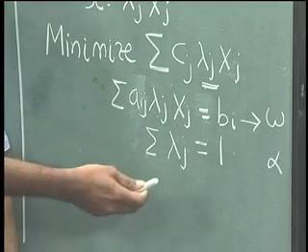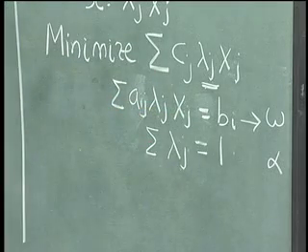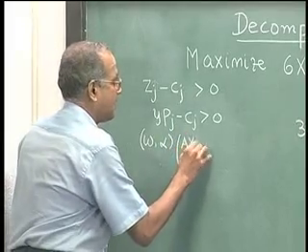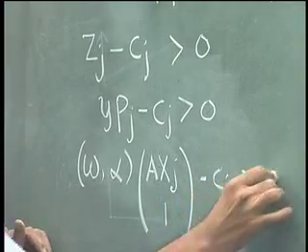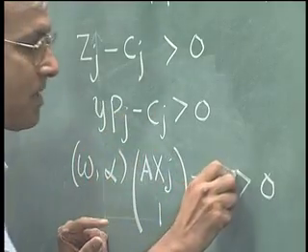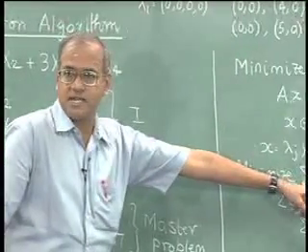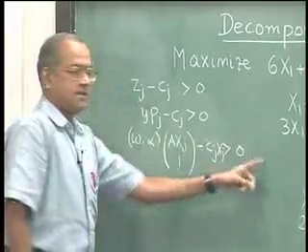So you will have w alpha into A xj, 1, minus Cj should be greater than 0. And Cj now becomes Cj xj, because lambda j is the variable. So Cj becomes Cj xj, greater than 0.